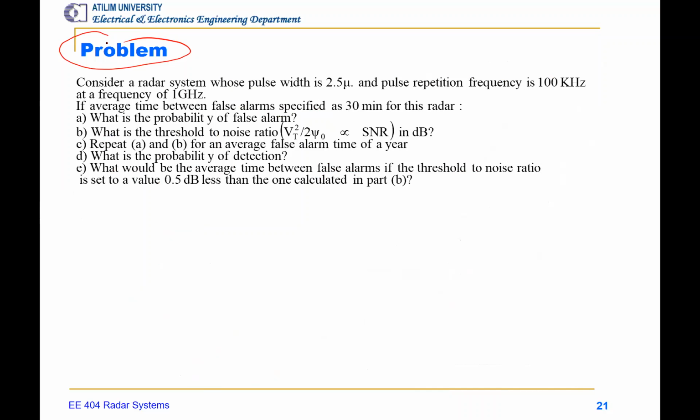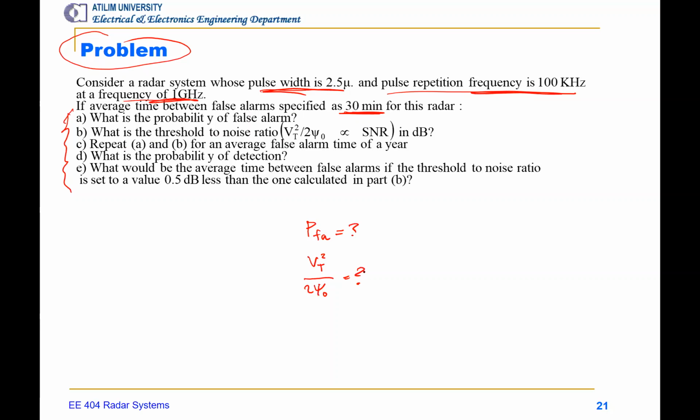Here we are given a radar system with pulse width, pulse repetition frequency, and the operational frequency, and an average time between false alarms specified as 30 minutes. Then answer these questions. What is the probability of false alarm, so PFA? What is the threshold to noise ratio, so VT squared over 2 psi 0?